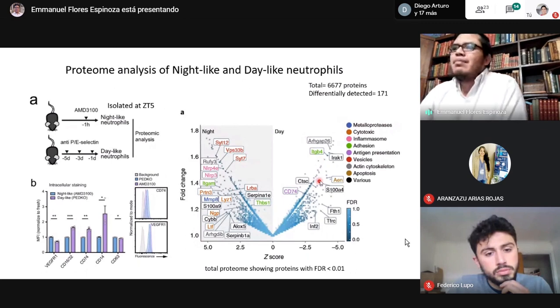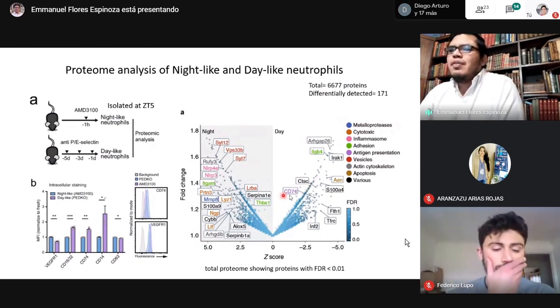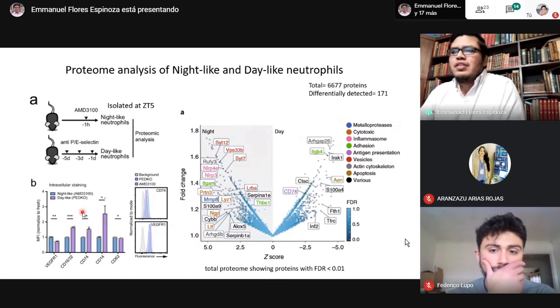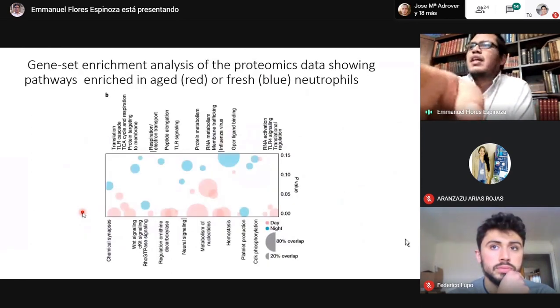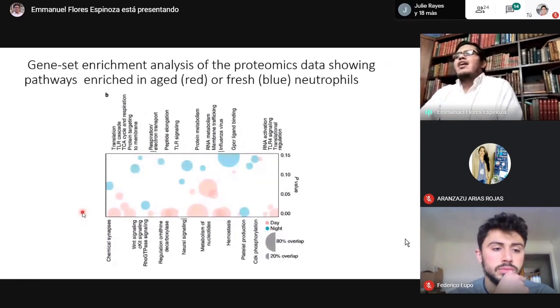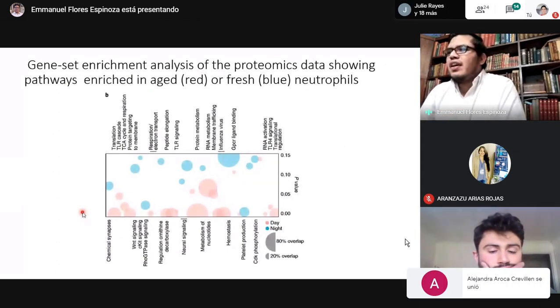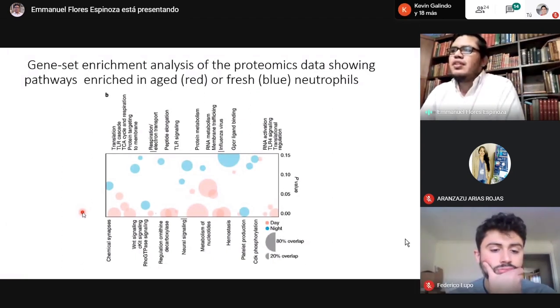And they validated some of these proteins by flow cytometry, to analyze whether the difference could be observed by another methodology, and they observed the same results.